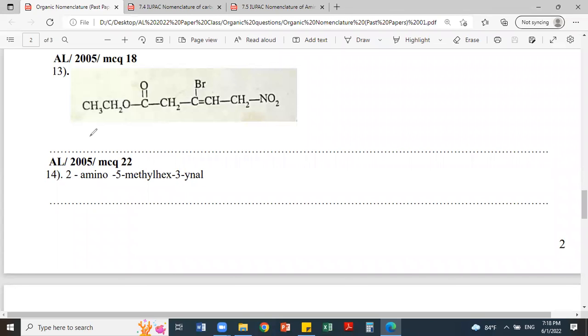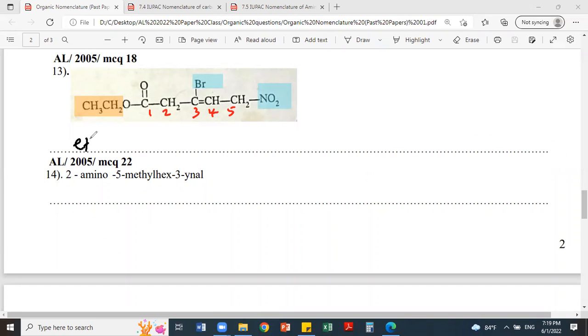Okay, you are drawing the 14th one. Good. Okay, you can try it. I'll write this for the others. So first you have to check what this is. This is an ester. So 1, 2, 3, 4, 5. Then I'll highlight the substituent groups here: nitro, bromo. The ethyl I will highlight with a different color because it's something different from the substituent group. Right. Then we'll write the name.